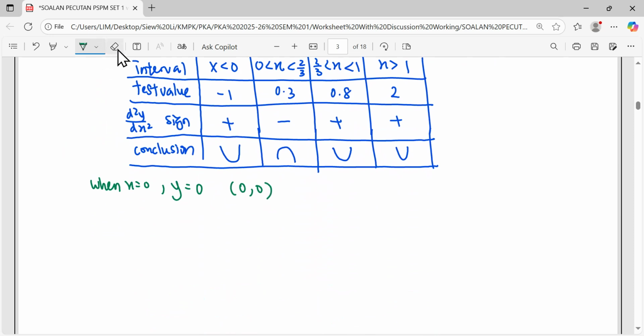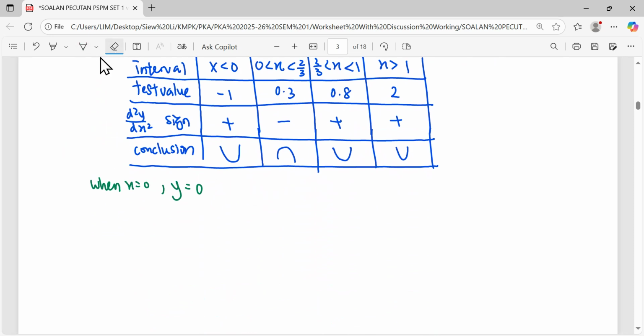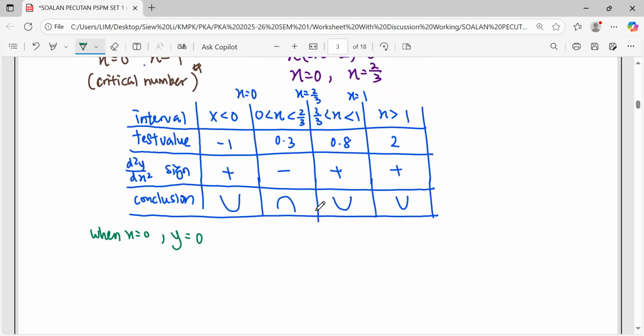Another point where the concavity changes before and after is x equals 2/3. The y coordinate here will be 3 times (2/3) to the power of 4, then minus 4 times (2/3) to the power of 3.